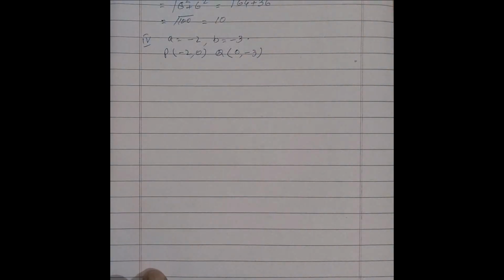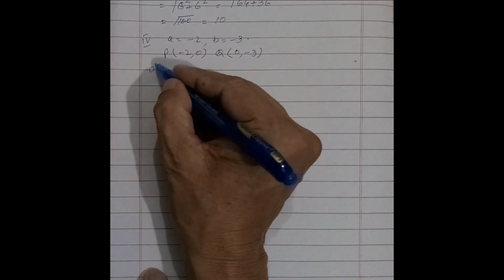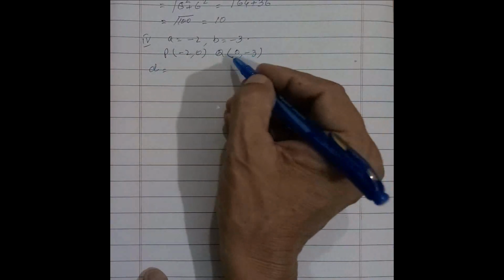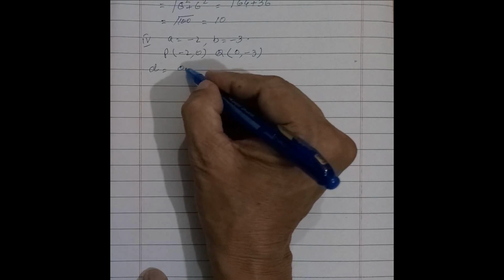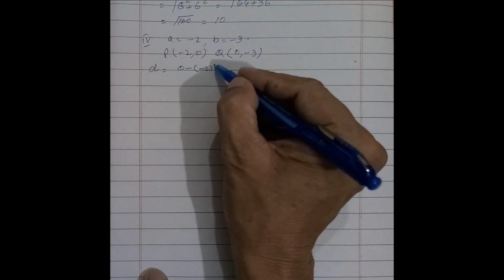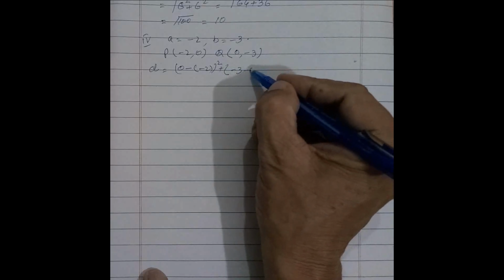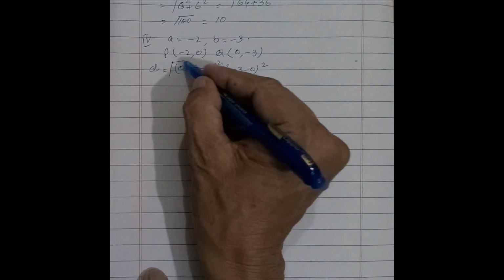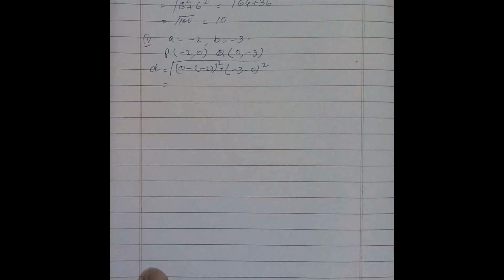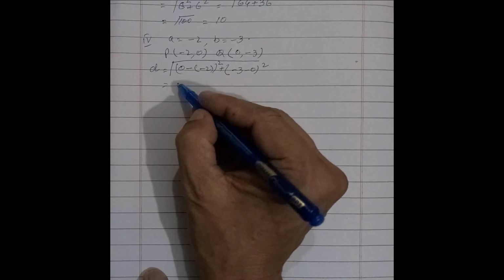Now we find the distance between P and Q. The d is equal to x2 minus x1, that is (0 minus minus 2) whole square plus (minus 3 minus 0) whole square, square root.